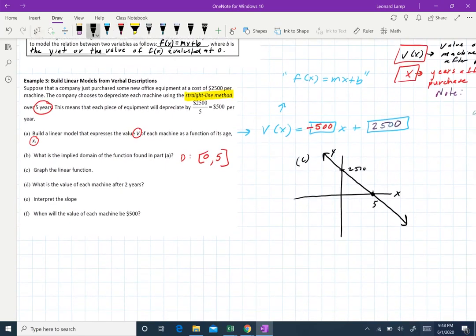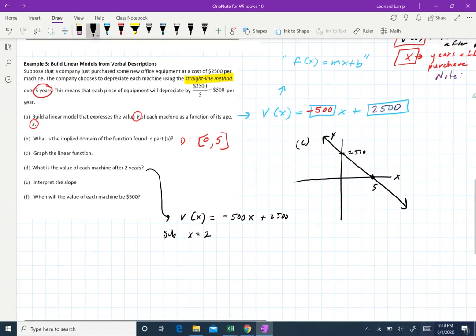So basically they're just asking you to, once you have your function, v of x is equal to negative 500x plus 2500, substitute in 2 for x. So sub x equals 2 because it's 2 years after you've purchased it.